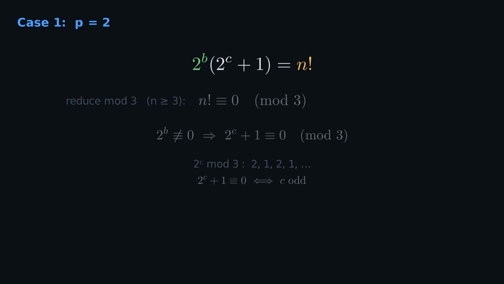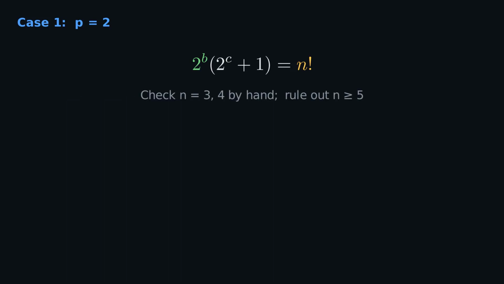So what we're going to do now is check two cases by hand for n equals 3 and n equals 4. And then we're going to rule out all other cases for n greater than or equal to 5. So I won't go through the steps, but a quick check by hand produces two solutions, one for n equals 3 and one for n equals 4.